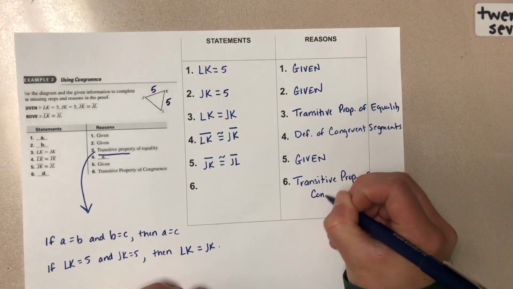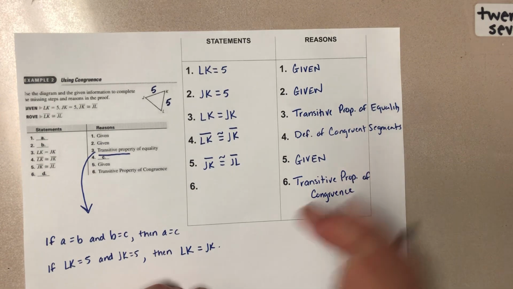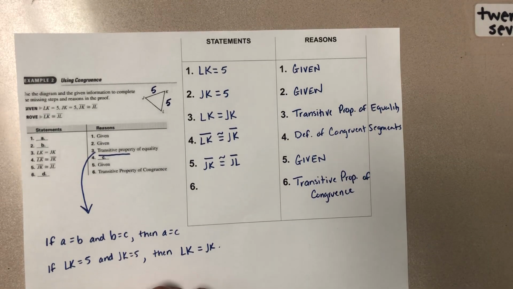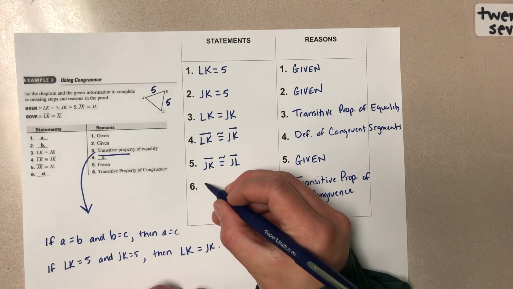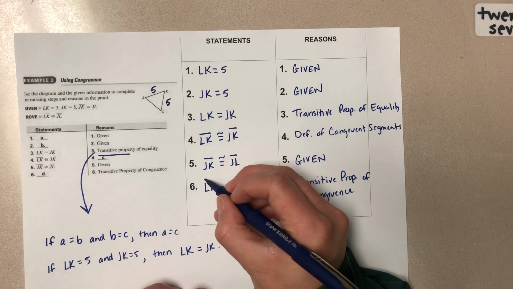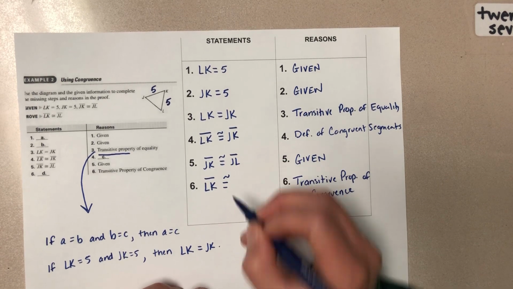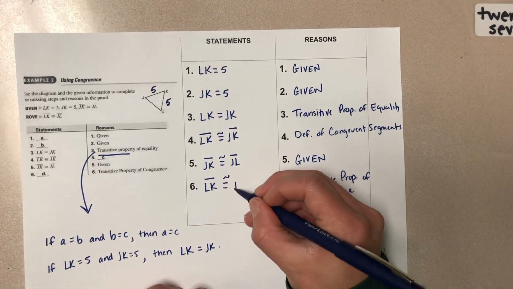So I'm going to write that in. The transitive property of congruence is used. And now we can say that LK, the line segment LK, is congruent to the line segment JL.